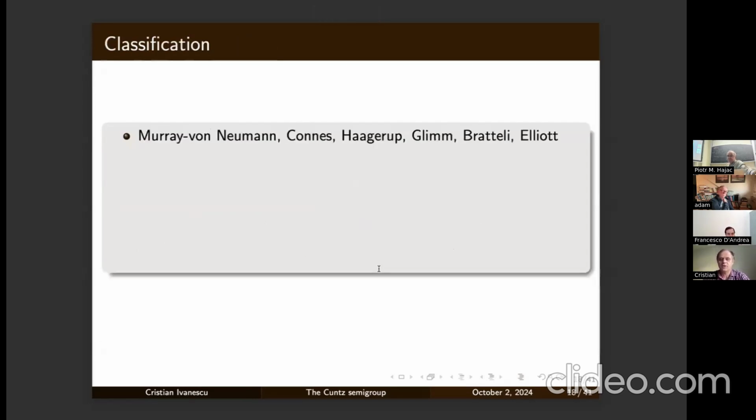So the classification program was started by Murray and von Neumann. Then we had Connes and Haagerup who did the classification of hyperfinite factors. Now on the C*-algebra side, we had Glimm. And then shortly after, we have Bratteli and Elliott who classified AF algebras, Bratteli using Bratteli diagrams, Elliott using K-theory for the first time.